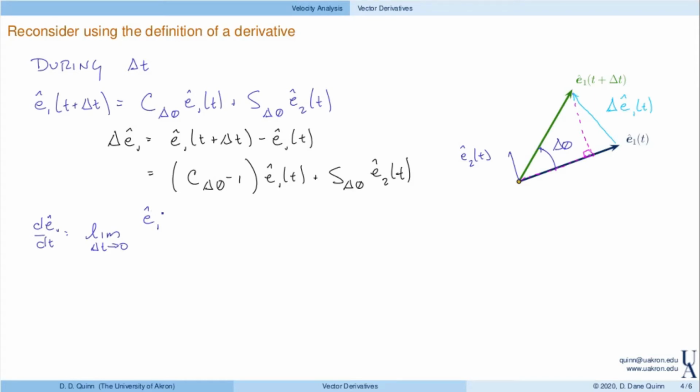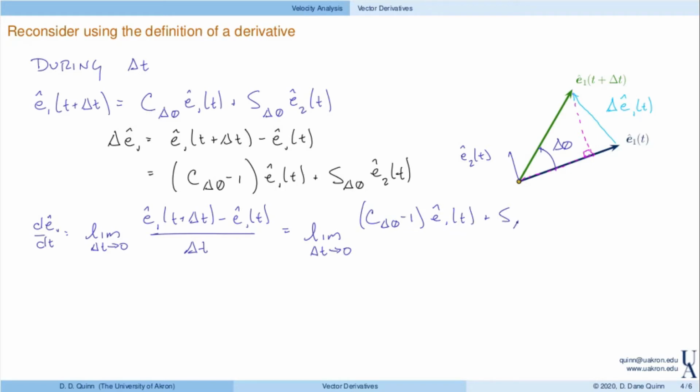So that's E1 at t plus delta t minus E1 at time t divided by delta t, or, using this relationship that we obtained before, the displacement of E1 is cosine delta theta minus 1 in the E1 direction plus sine of delta theta in the E2 direction. And notice that E1 and E2 here are at the original time.